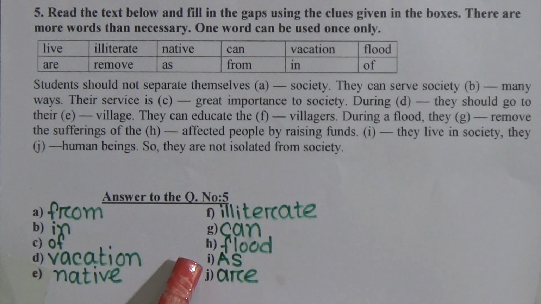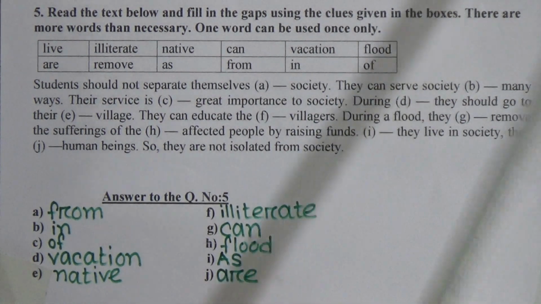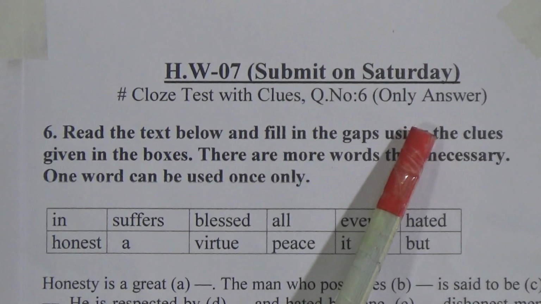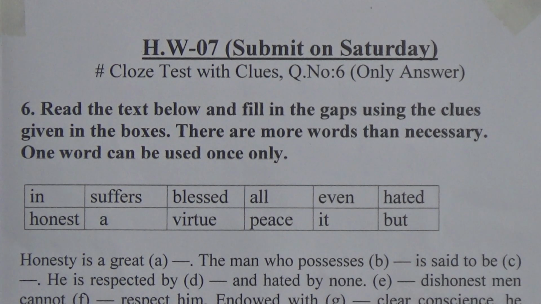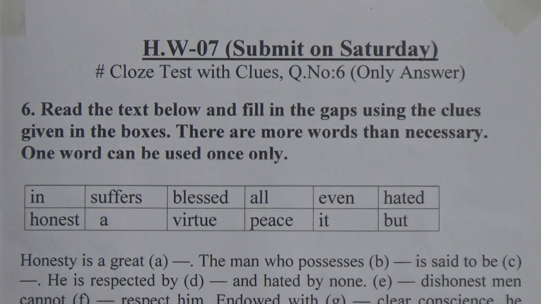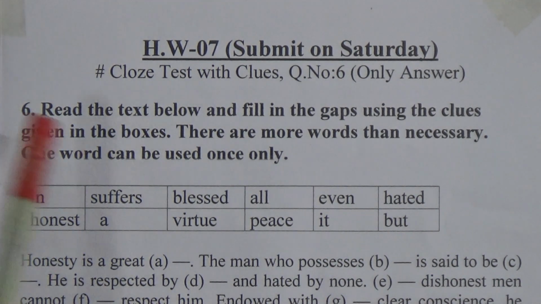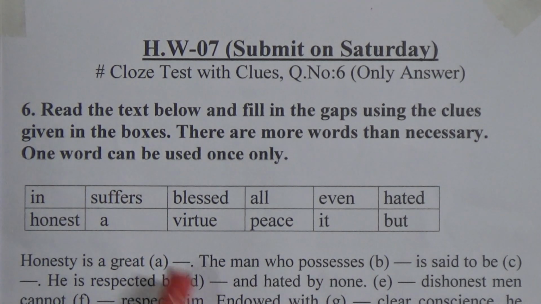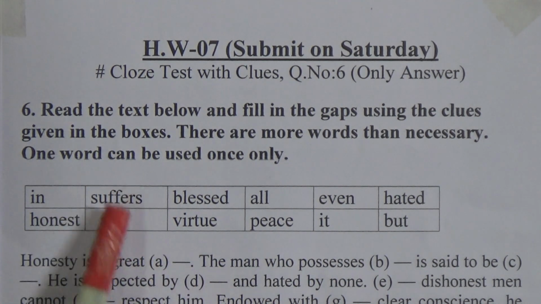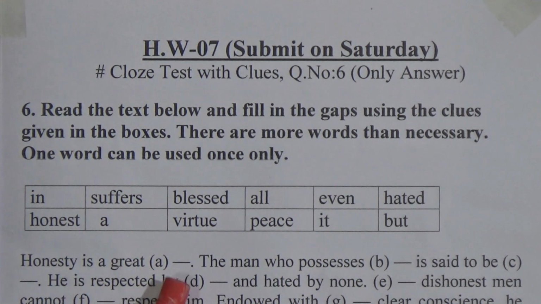Now, as I said from the beginning of our class, your homework will be a cloze test. Question number 6, you have to write only the answer. No need to copy the whole passage for your homework. First you have to read the passage and guess which word is appropriate for these gaps, and you will choose a word and write it as the answer.